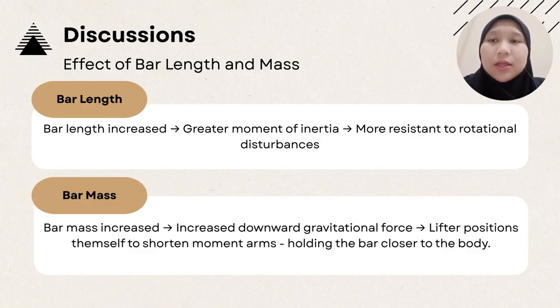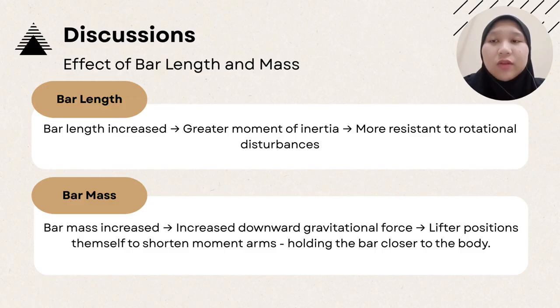When bar length is increased, the bar has a greater moment of inertia, which makes it more resistant to rotational disturbances. This improves rotational stability, especially against small lateral movements, although it also requires more precise positioning to avoid uneven loading.